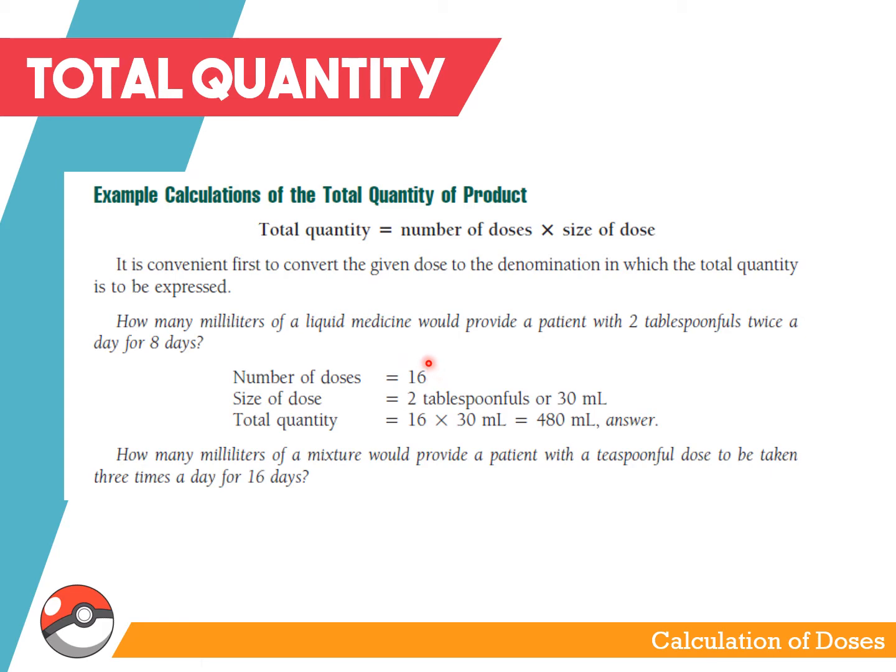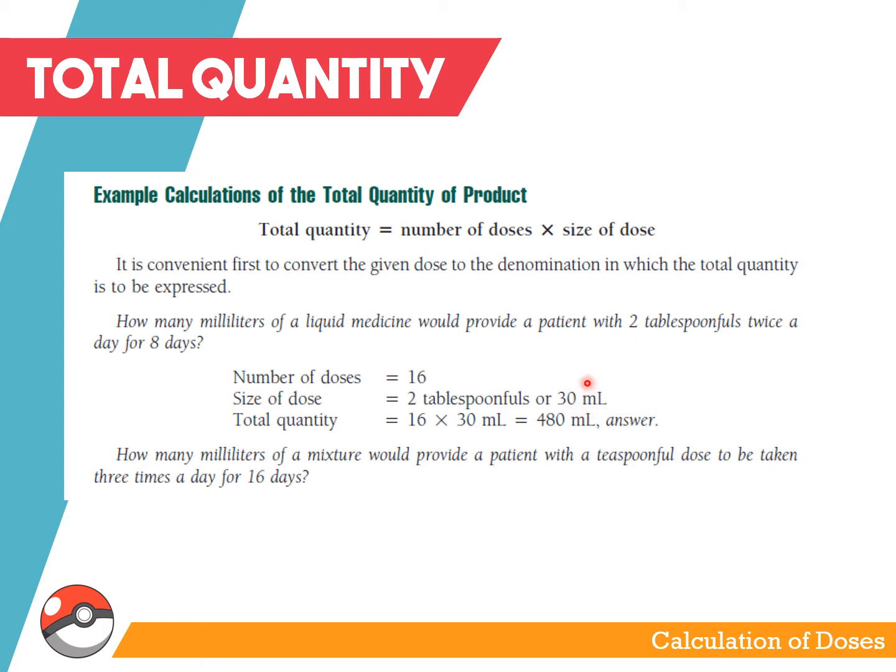After that, we should identify the size of the dose. So the size of the dose would be 2 tablespoonfuls. So again, in milliliters, how much is that? So since 1 tablespoon is equal to 15 ml, 2 tablespoonfuls is equal to 30 ml.